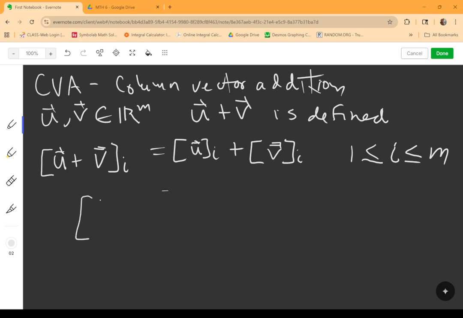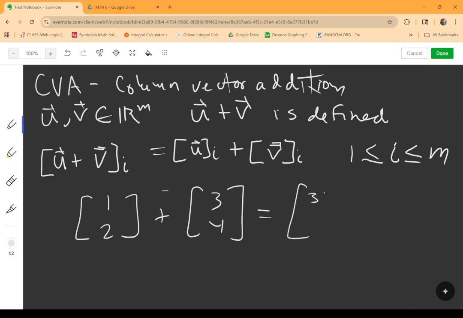So here, something like the vector 1, 2 plus the vector 3, 4. Then we add across elements, so it's 3 plus 1 over 2 plus 4, which reduces to 4, 6.